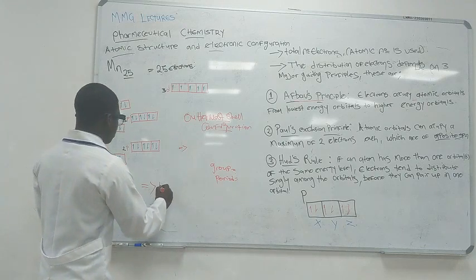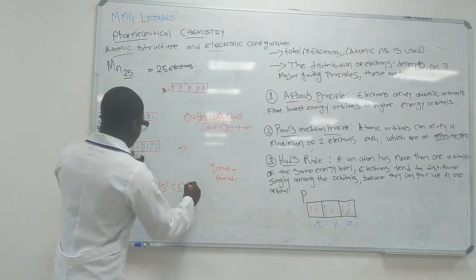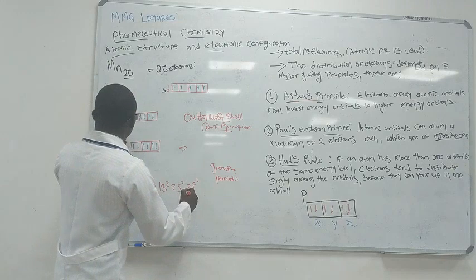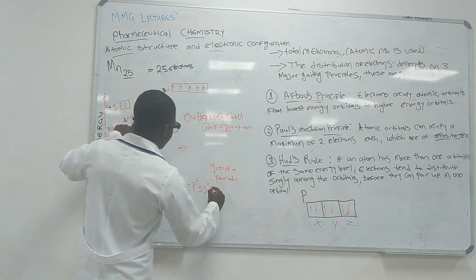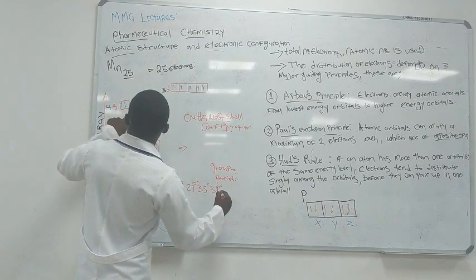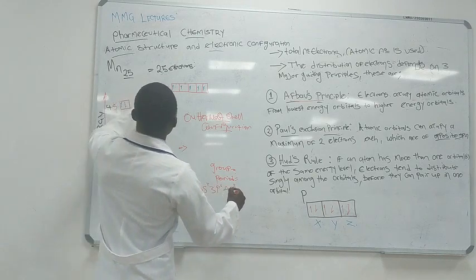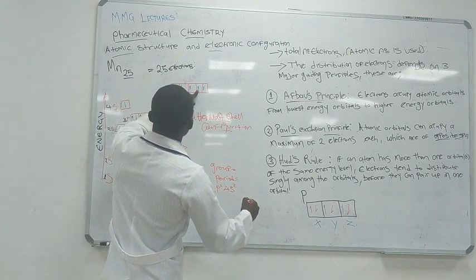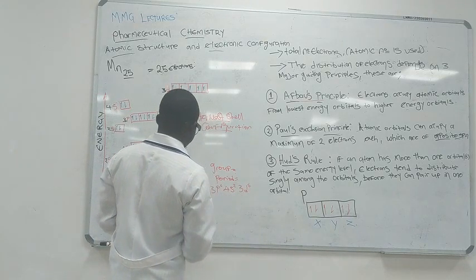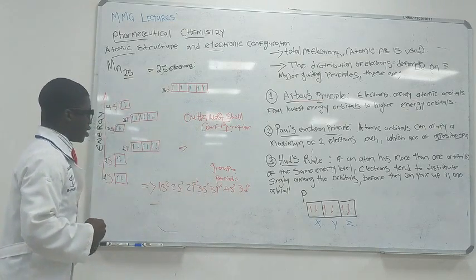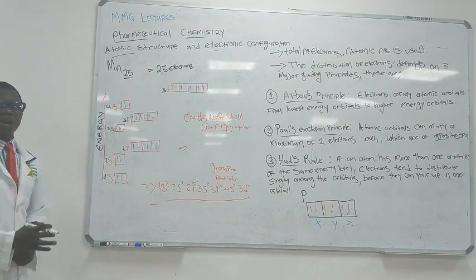So we have 1s2, 2s2, 2p6, 3s2, 3p6, 4s2, 3d5. Okay, so this is therefore, ladies and gentlemen, the electronic configuration of manganese.